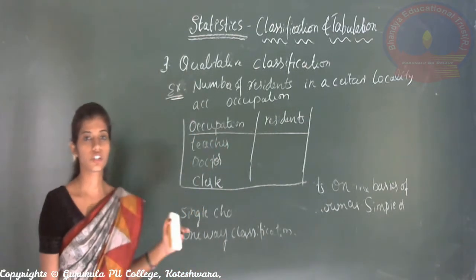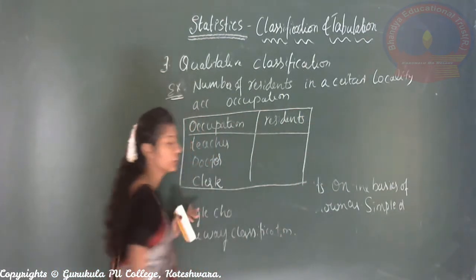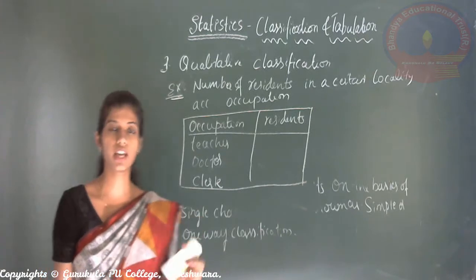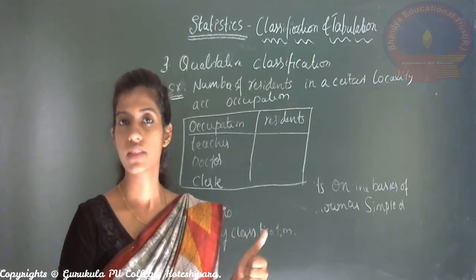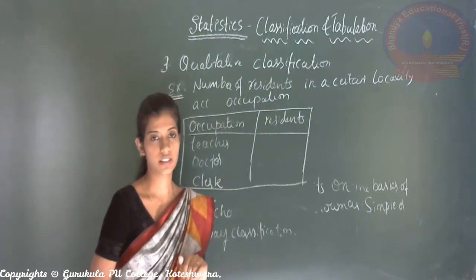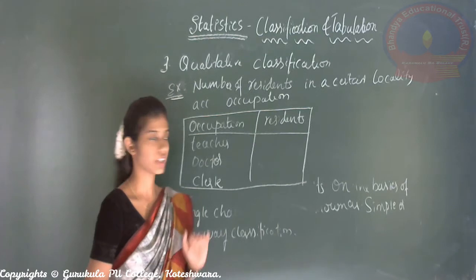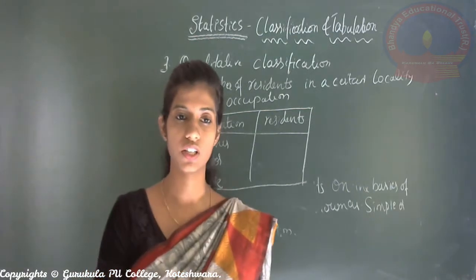You can check it out. This is one example of a simple or one-way classification. Here I have considered only a single characteristic and the corresponding residents.